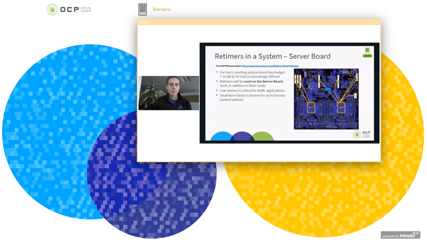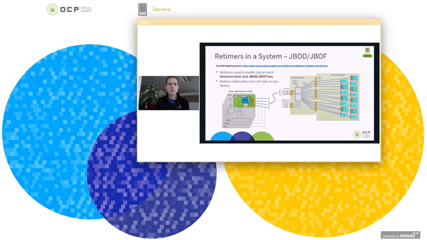In this example, I've superimposed a block of a retimer being used on this Olympus 2-socket server for specifically the 10-inch case. But arguably, all of the cases 8 inches and above may require a retimer to segment that link into two.